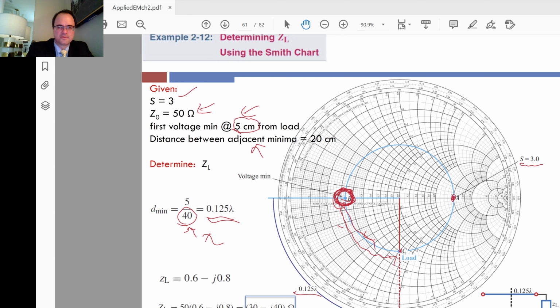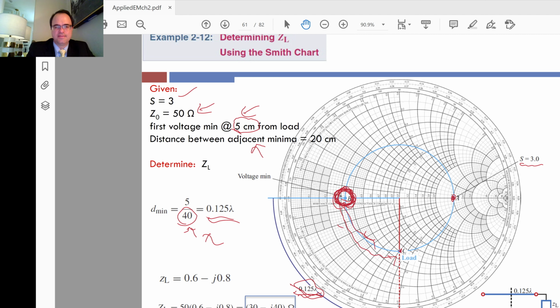All right. And so we progress backwards in the Smith chart from B, where we know the voltage minimum is, by this amount towards the load. And we get to this point and we read off what R is, and we read off what X is. And that gives us the impedance of the load.